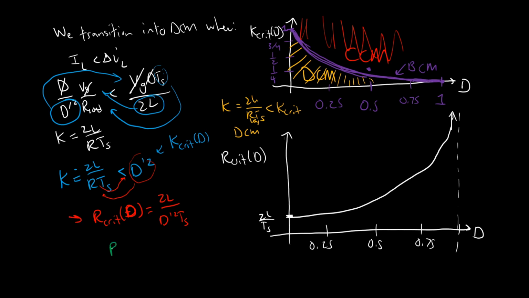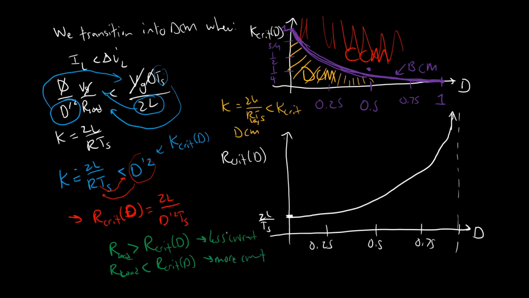When our load resistance is greater than Rcrit, which is a function of D, that means we have less current. And conversely, if our load is less than Rcrit, which is a function of D, we have more current.